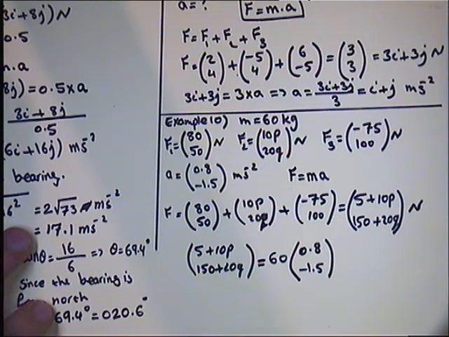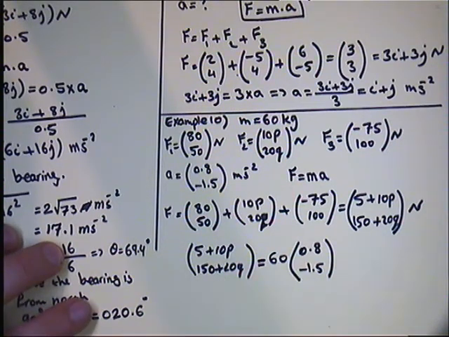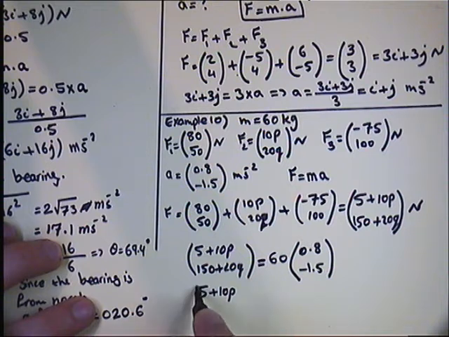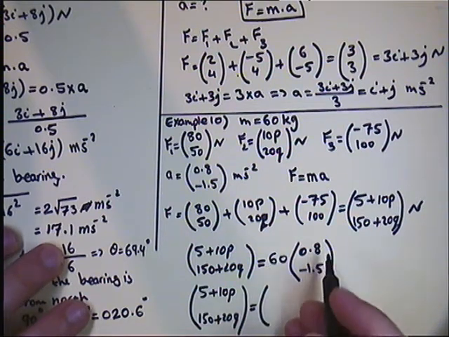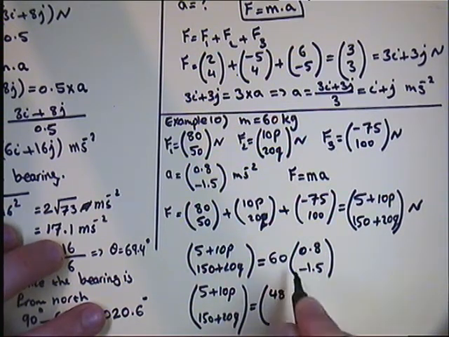For these two to be equal, the i and j components must be equal. So let's rewrite it. 5 plus 10p and 150 plus 20q must be equal to 60 times 0.8, which is 48, and 60 times negative 1.5, which is negative 90.